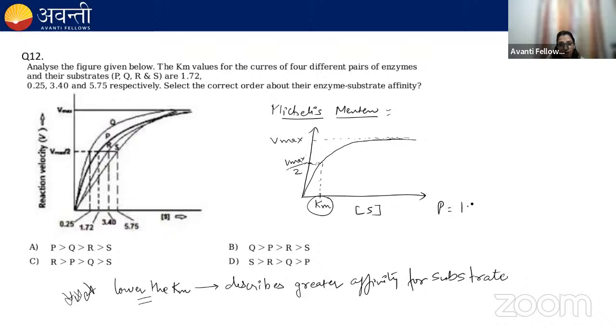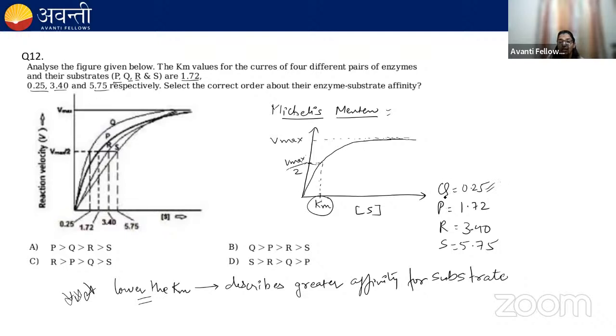Now P is given 1.72. Q is 0.25. R is 3.40 and S is 5.75. So Q has the lowest Km.